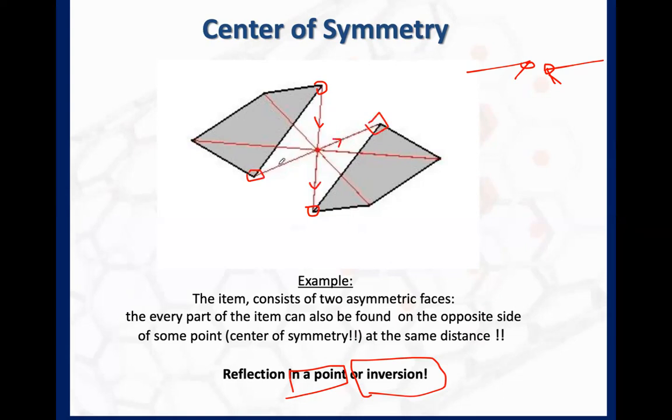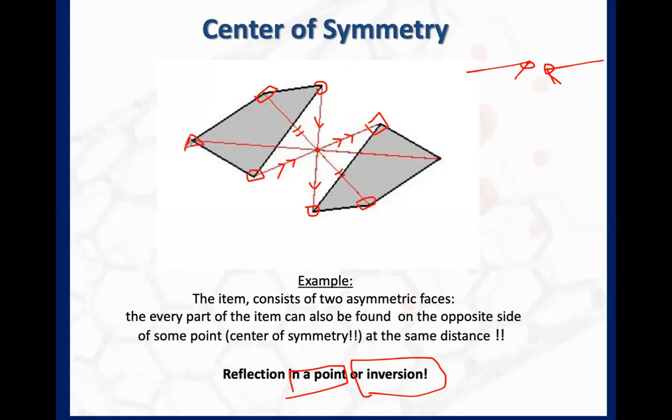So this is how you can see the inversion in a point. All the corresponding points are at equal distance locations. This is the feature of the inversion.